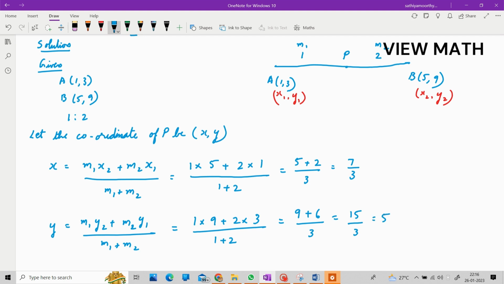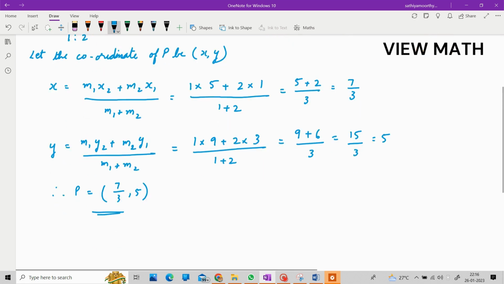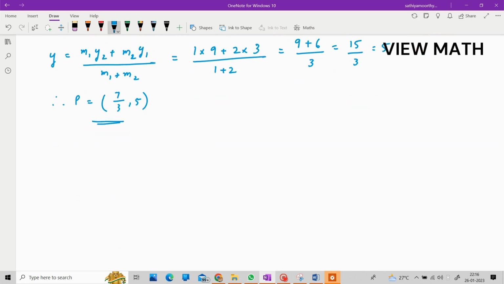So we have found the coordinate of P. Therefore, P is equal to (7/3, 5), using the section formula. Let me do one more problem.